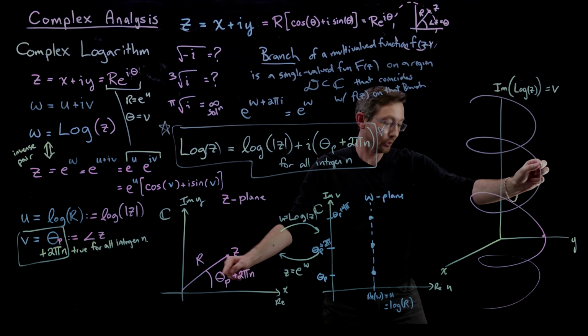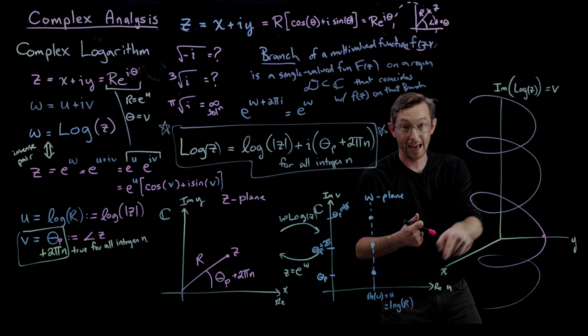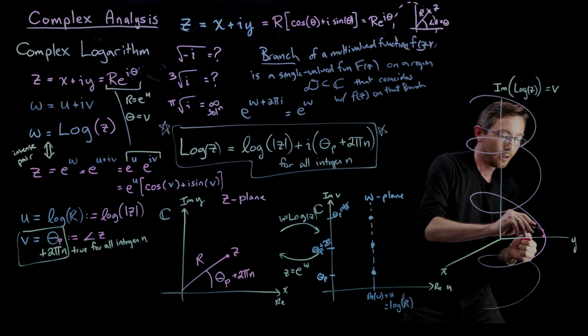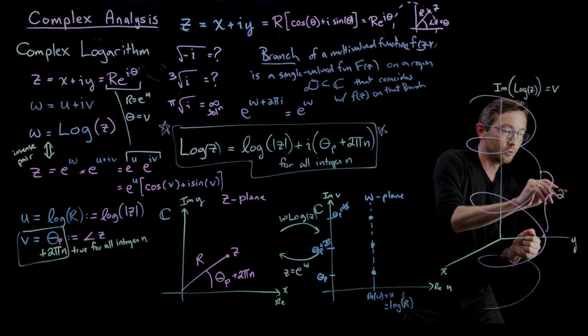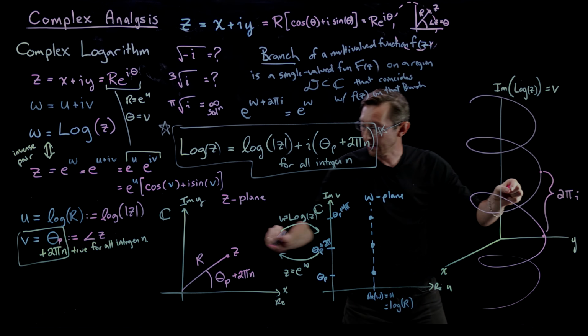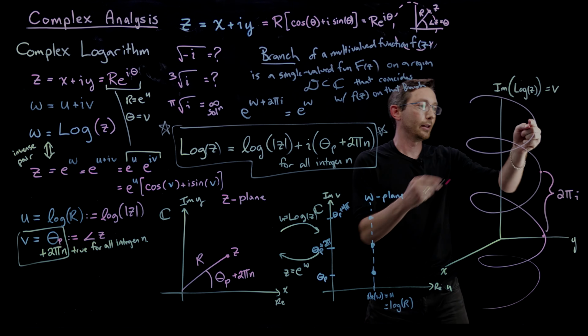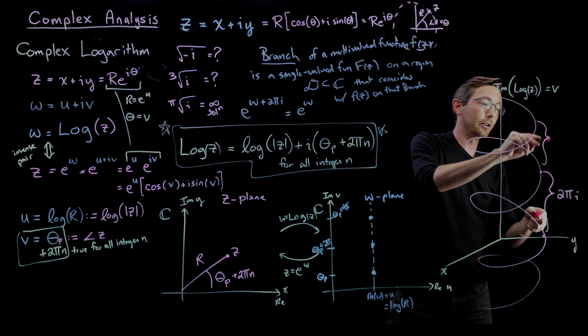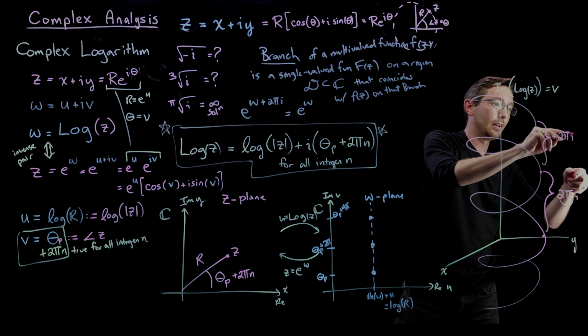So if I go around one circle in the xy, the z plane, then I have added 2 pi i to the phase angle of v. And if I go around a second time, 4 pi, I've added another 2 pi i.